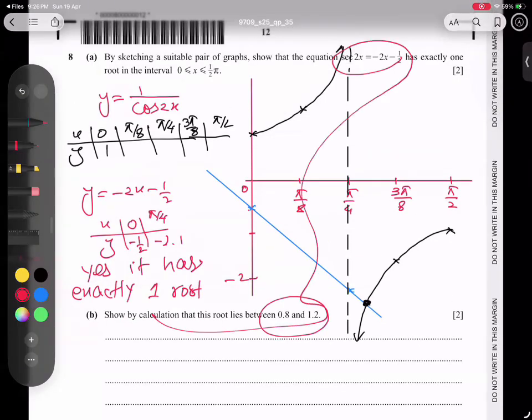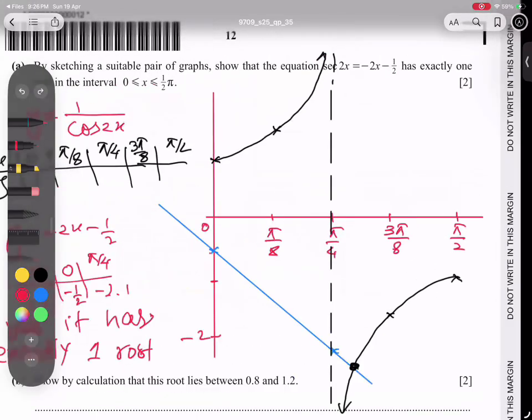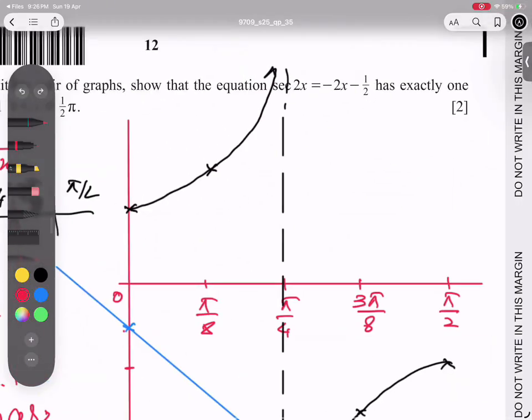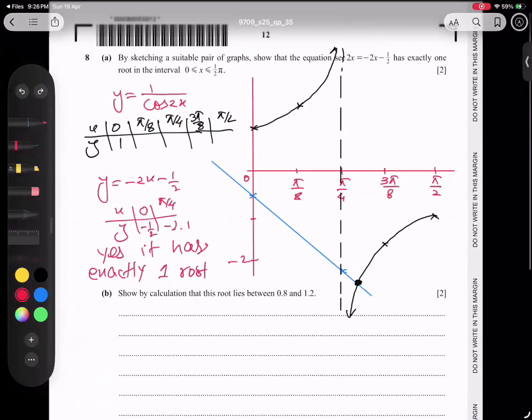Okay, now he's asking, prove the root lies between 0.8 and 1.2. So I have two choices. One, bring cosecant here, secant here, or bring the whole thing here. I think I'll bring it here. So secant double x. So let's start. I'm getting here secant, meaning 1 over cos double x, and the negative becomes positive and positive half.